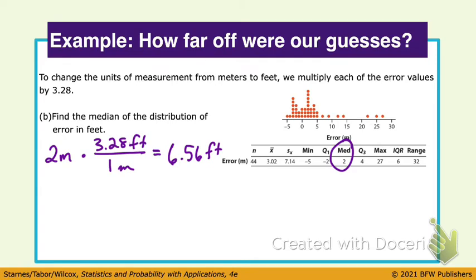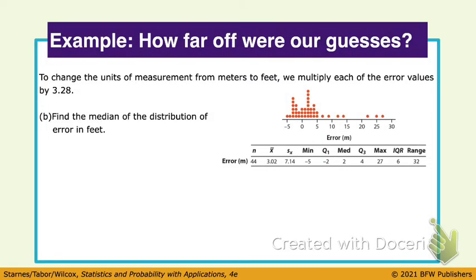Okay, interquartile range. The original interquartile range is 6, and we're going to find the new interquartile range.